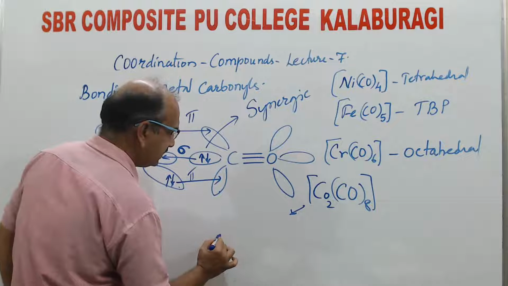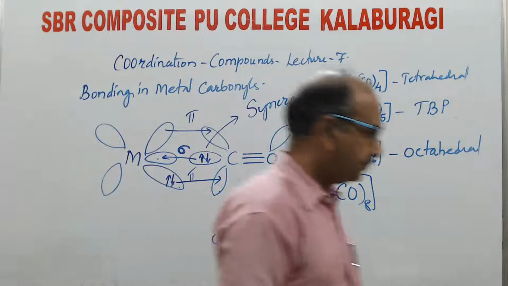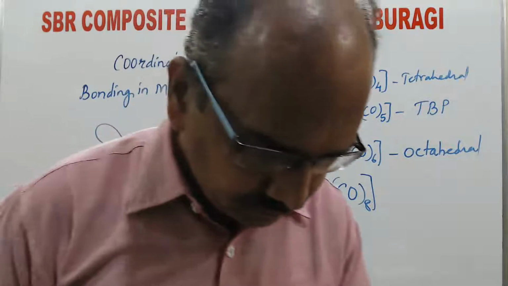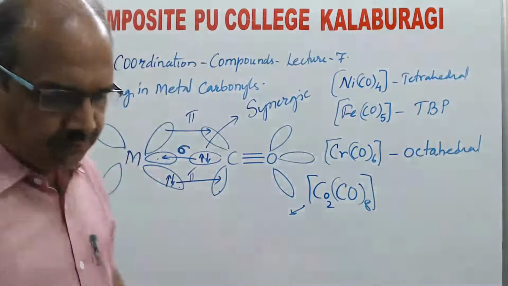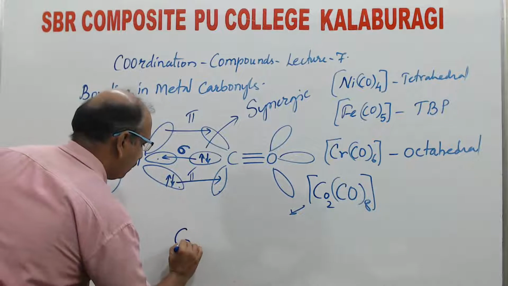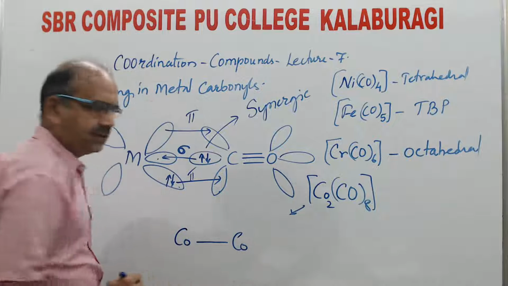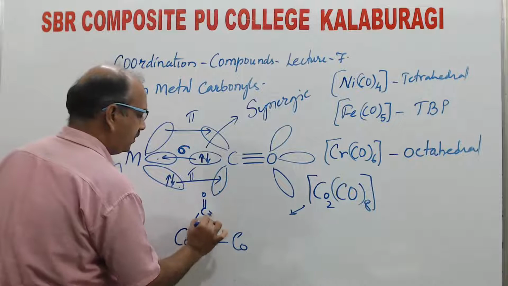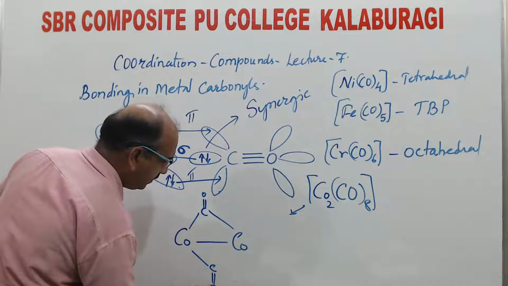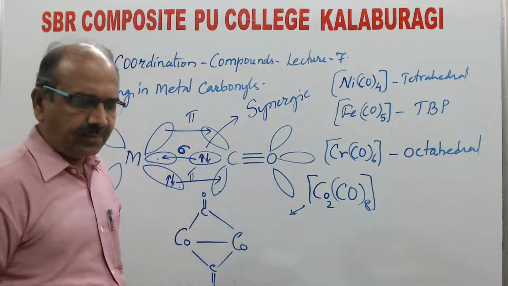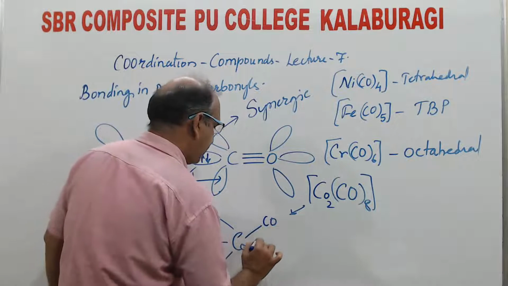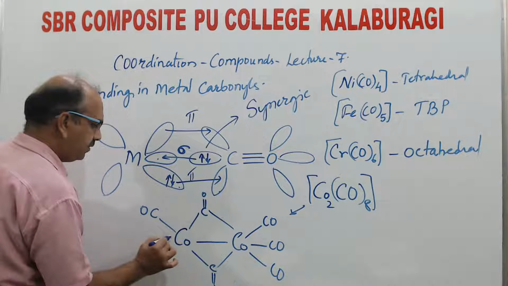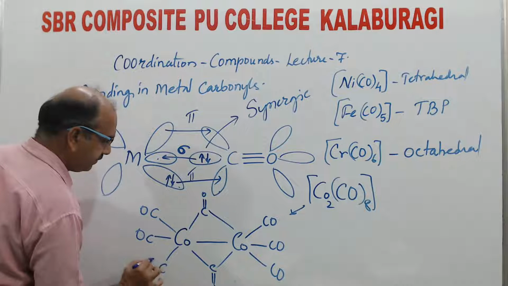You have a structure like this: cobalt, and again cobalt. Further, there is one bridge carbonyl, another bridge carbonyl, then the remaining three carbonyls on each: 1, 2, 3, here also 1, 2, and 3.